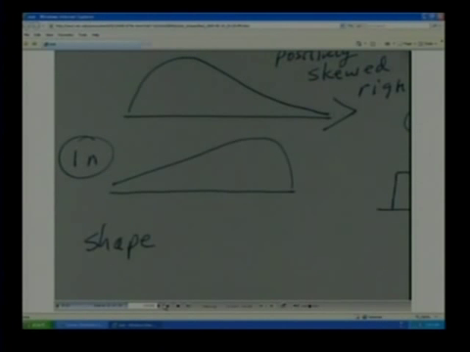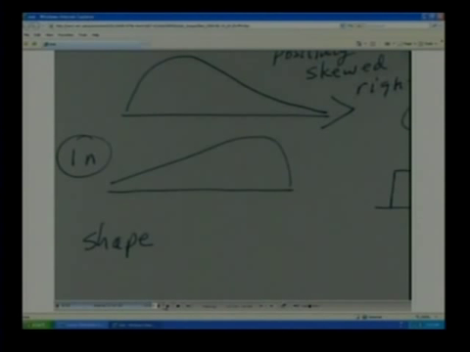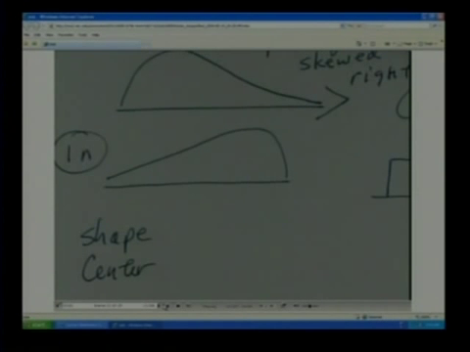Where would you expect to find a uniform distribution? Rolling a die. You expect to have the same number of each. You roll the die 36 times, you expect to get 6 1s, 6 2s, 6 3s, 6 4s, etc. Those would all end up at the same height. Each one of them would have an expected value of 6. So we have the shape.